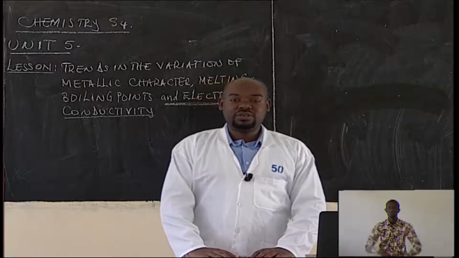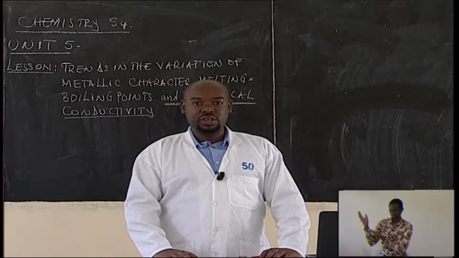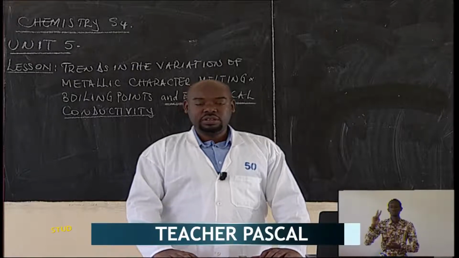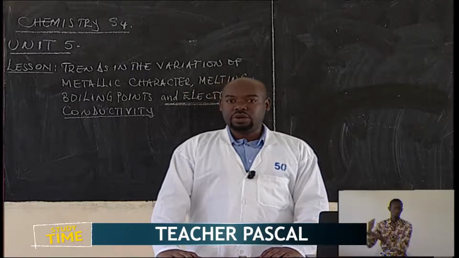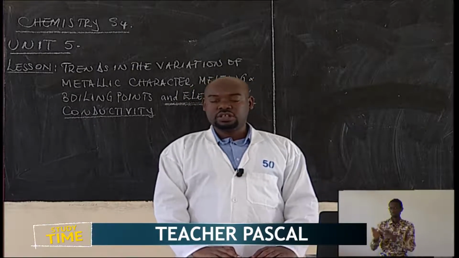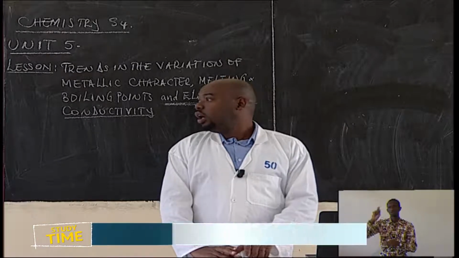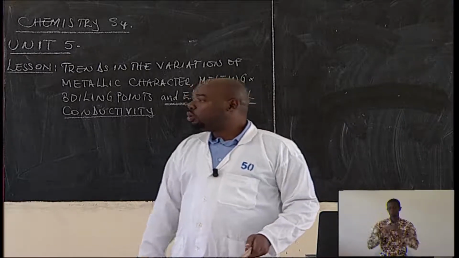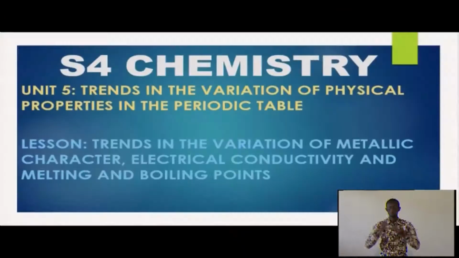Hello students, welcome again to the TV learning program. I'm teacher Pascal, and today I will be with senior 4 students learning chemistry. And today we will go on with unit number 5, the trends in the variation of physical properties in the periodic table.